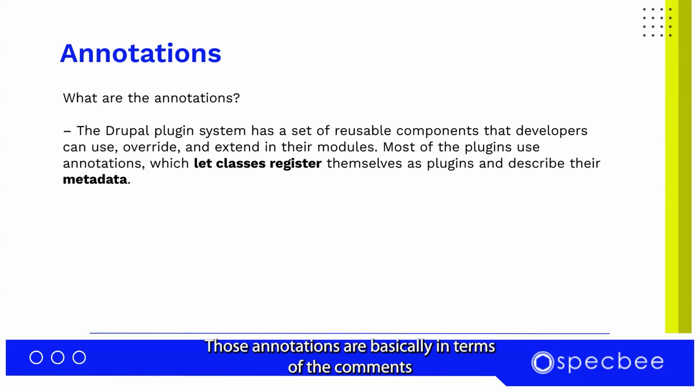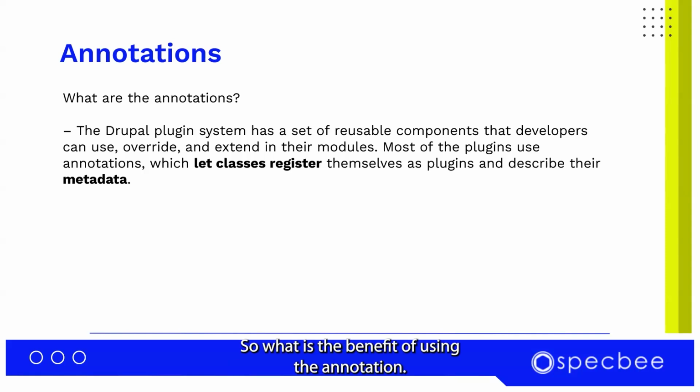Those annotations are basically comments, very similar to a doc block. They start with that directive, and there we define some properties, some metadata of that plugin. Those are called annotations.